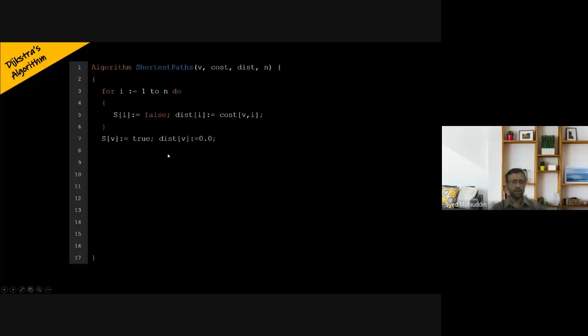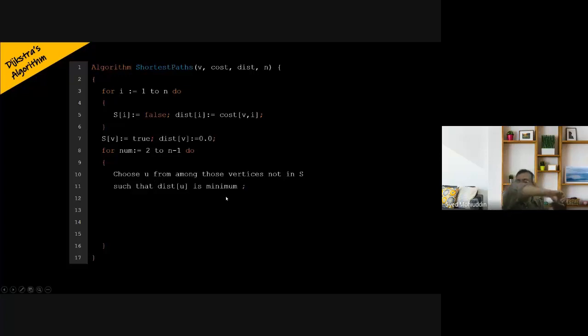Then once we start, the vertex V in array S is assigned true, and the distance of the start vertex is 0. That's how we start. Then for the next vertices up to n minus 1, we have to perform computing the distance or updating the distance each time. So that is why we use another for loop which runs from 2 to n minus 1. Now we choose a vertex U, from among those vertices not in S, such that we have the minimum distance.